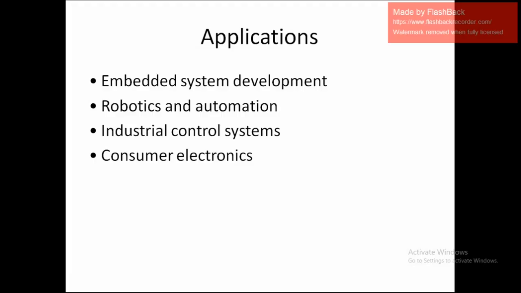So all these things use embedded systems, and many of the modern vehicles of these days use embedded systems for their engine control, then safety systems like ABS and air brakes, and many more.